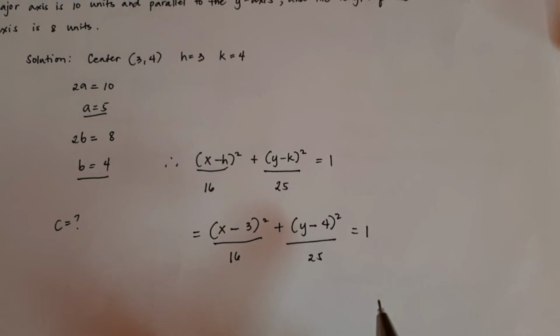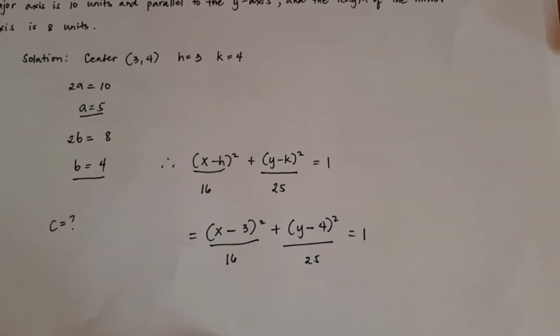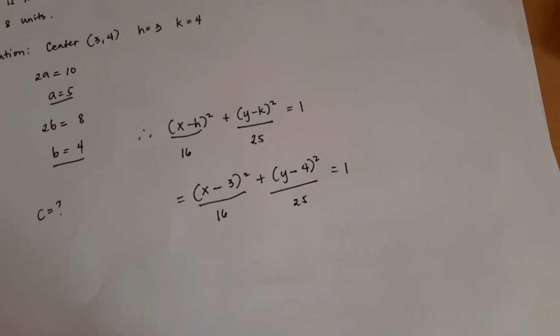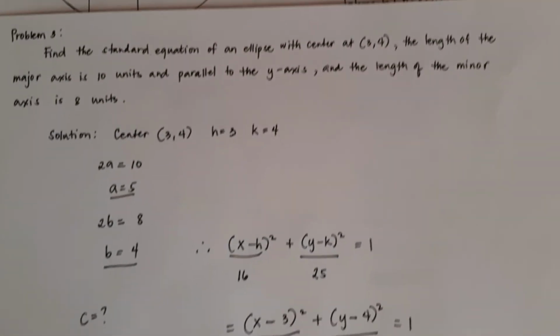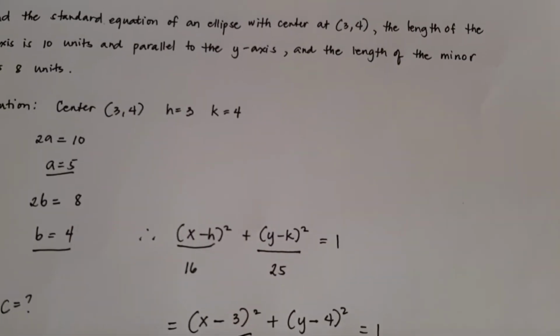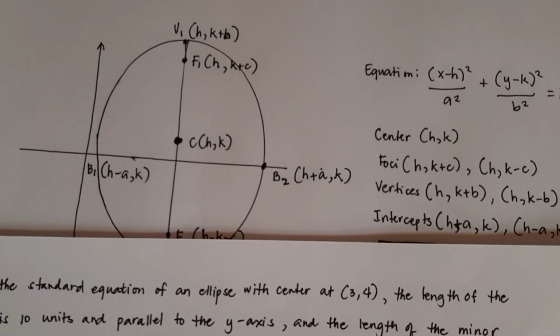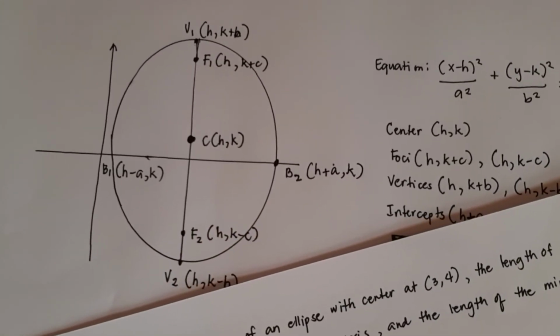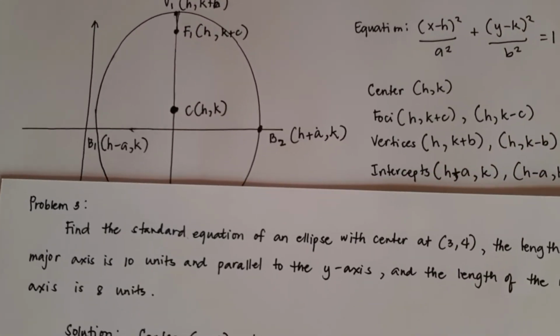So, if you want to find the center, the foci, the vertices and intercepts, now all you have to do is, again, i-pattern natin dito. Since ang major axis mo ay y-axis, so dito ka titingin.